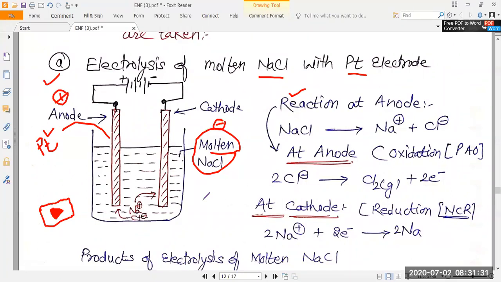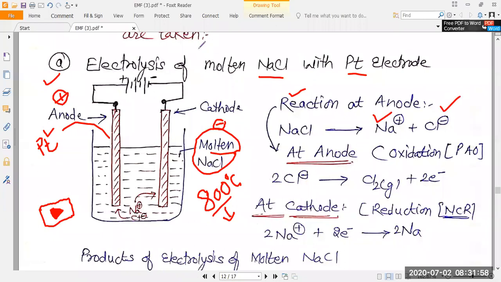When we heat NaCl to more than 800 degrees Celsius, it converts into its liquid form, so it is called molten NaCl. When NaCl dissociates, it gives Na+ ion and Cl- ion.